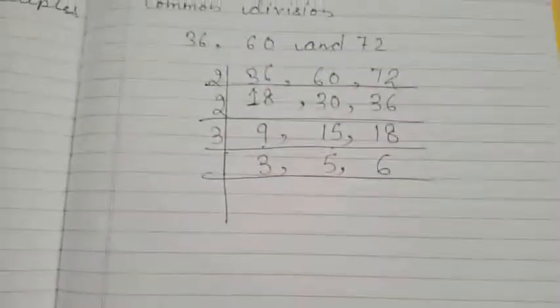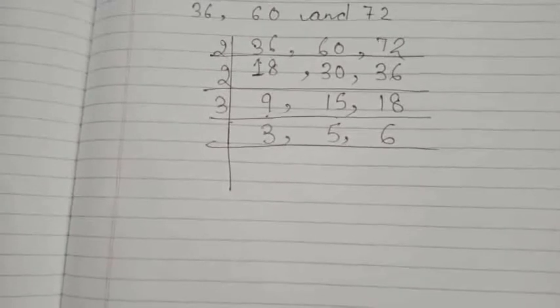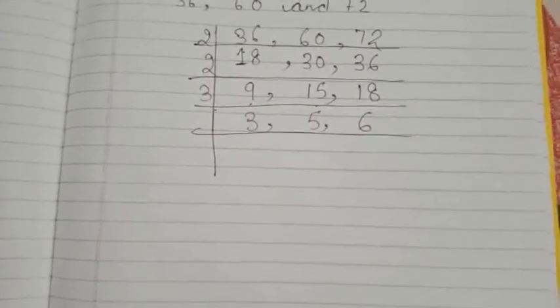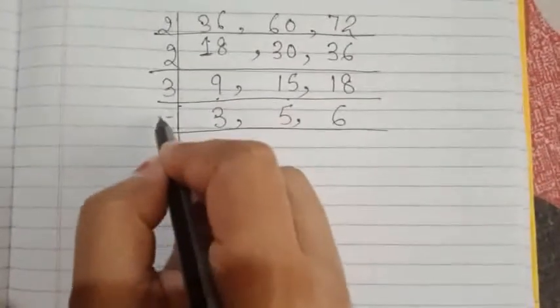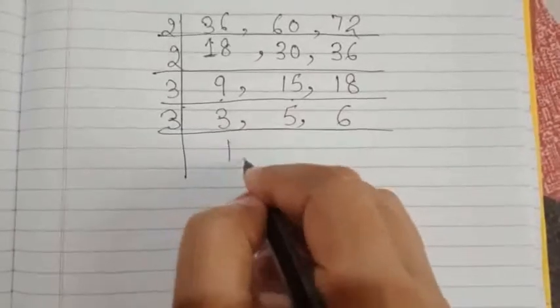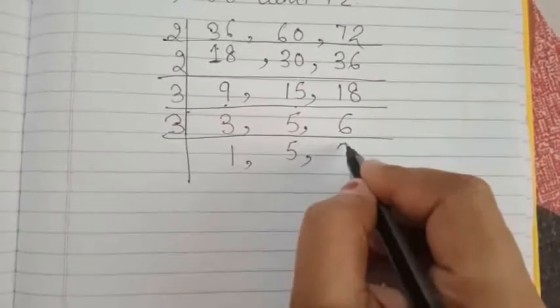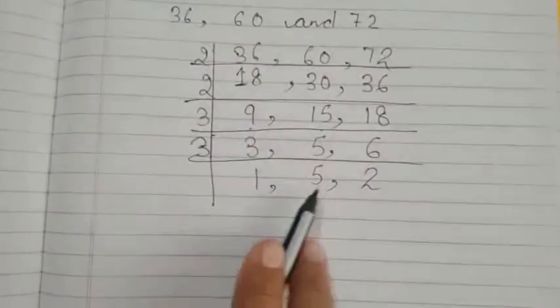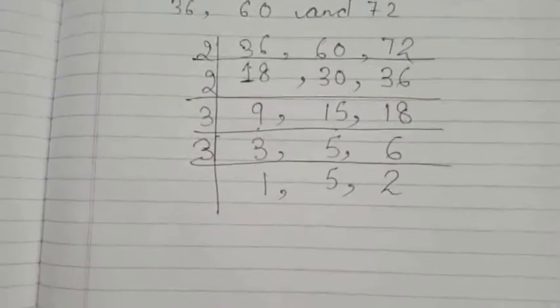In HCF we were dividing only if all three numbers were divisible, but in LCM if two numbers are divisible, we can divide. 3 and 6 are both divisible by 3. 3 ones are 3, 5 as it is, then 3 twos are 6. Now 5 and 2 are left. Now these three numbers are not divisible by any number.